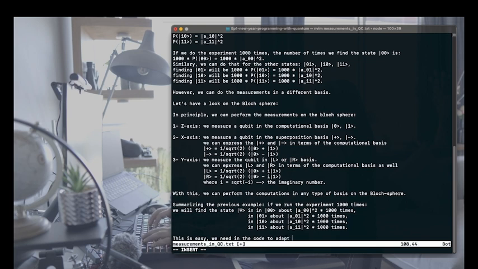And this type of measurement is easy, as you see. We just need to adapt these particular relations and this type of measurement in the code.